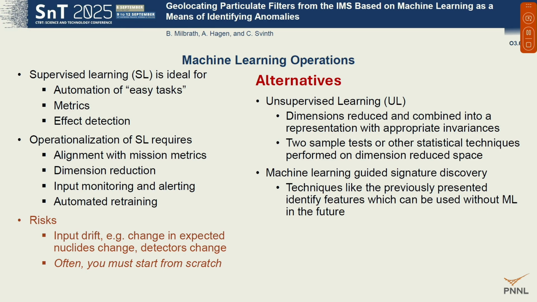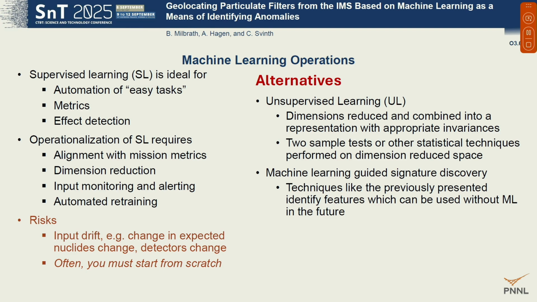Dimension reduction would help because of the issue with different channels for different detector types. And an important thing is you have to figure out how you're going to retrain if you use supervised learning, because if something substantial changes, like a new detector, you basically have to start over.